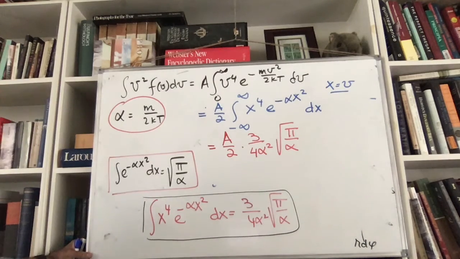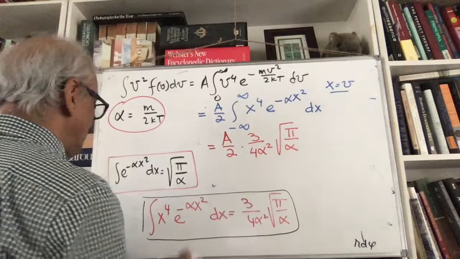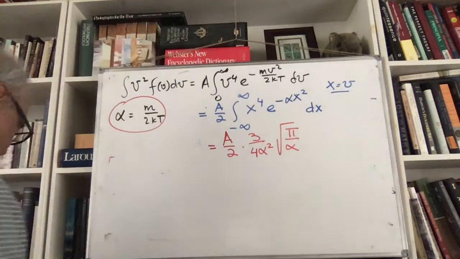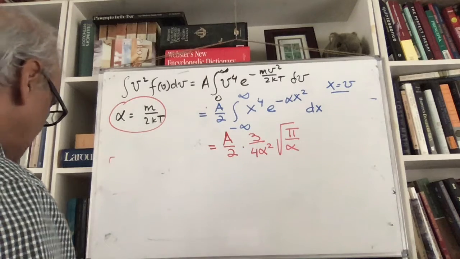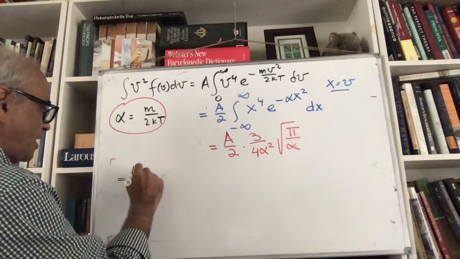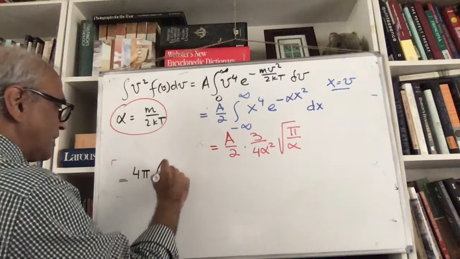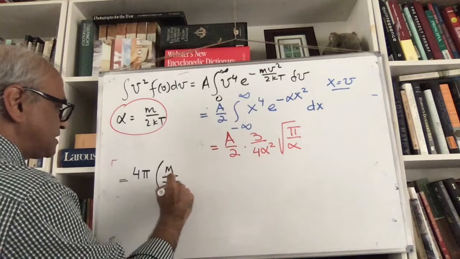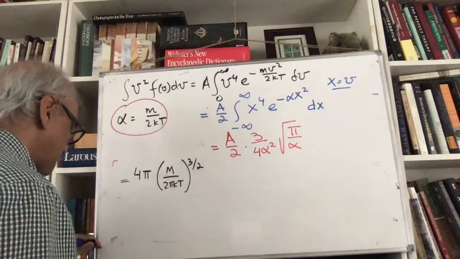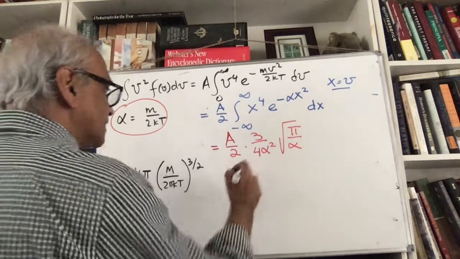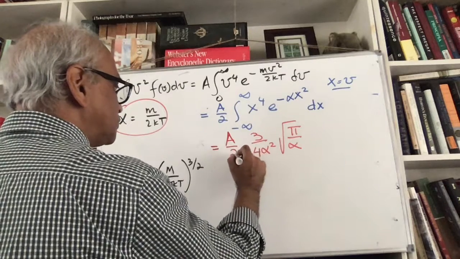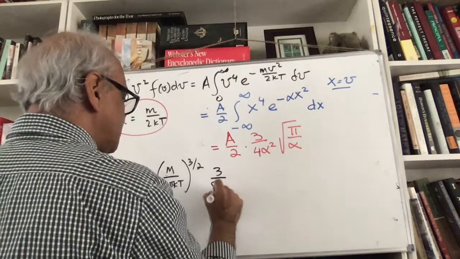Right. Now I need to expand it and see what I get. I know everything, what a is. So let's go ahead, and what my a is, 4 pi, m over 2 pi kt to the power 3 over 2, right? And then I got this. I have 2, and so there'll be 3 over 8.